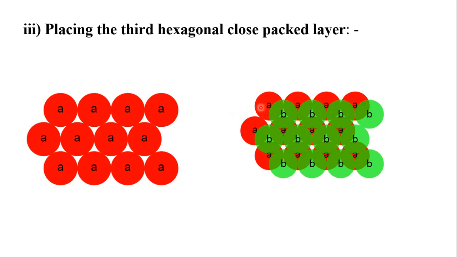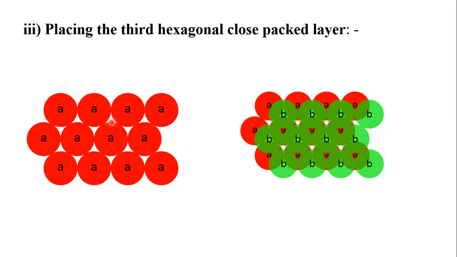When these two layers are stacked, the arrangement of the spheres is like this. The spheres of the second layer are placed in the depressions of the first layer, like this.